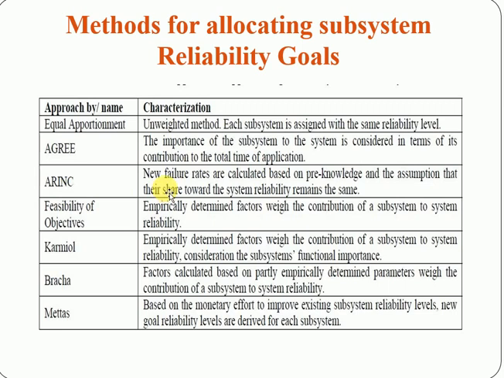ARINC: the new failure rates are calculated based on pre-knowledge and the assumption that their share toward the system reliability remains the same.